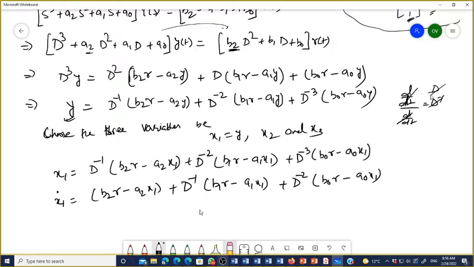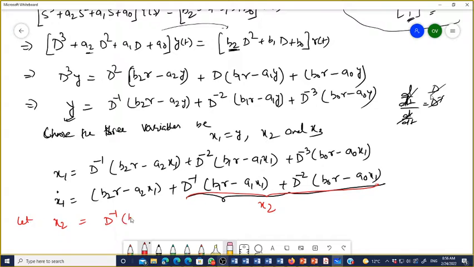Let's say this term we define as x2. So x2 equals d inverse of b1r minus a1x1, plus d to the power minus 2 of b naught r minus a naught x1.